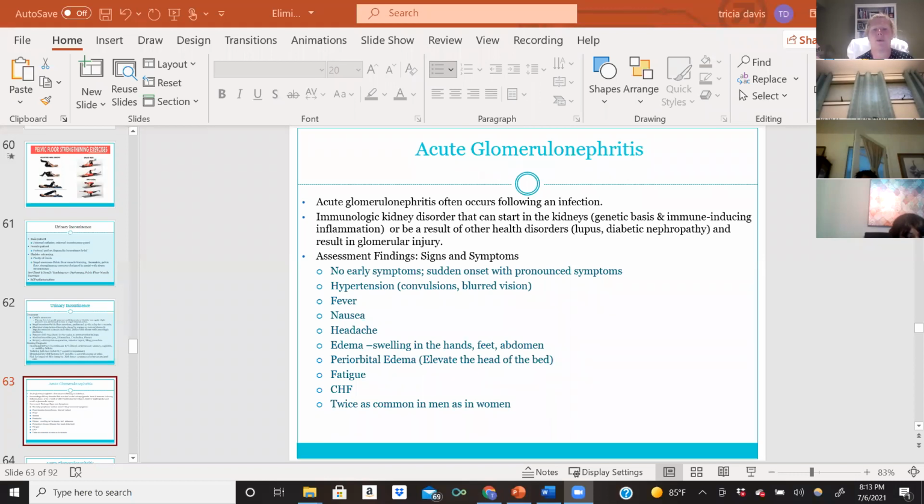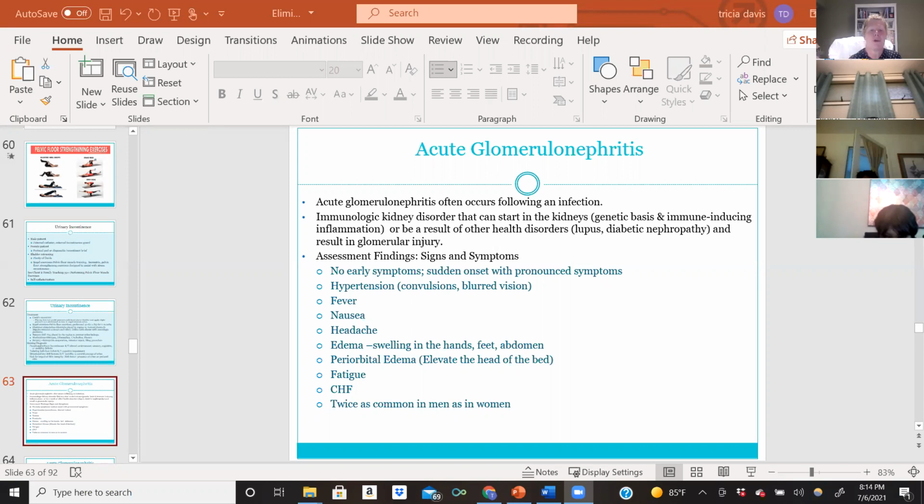And some of the things you will see that these patients complain of is blurred vision. So safety is an issue for these patients while their vision is blurry. They can have a fever, they can have nausea, headache, they might have edema. So you can see swelling in the hands, the feet, even that sacroedema in through the abdomen and the back.